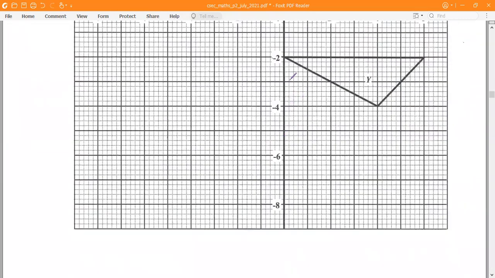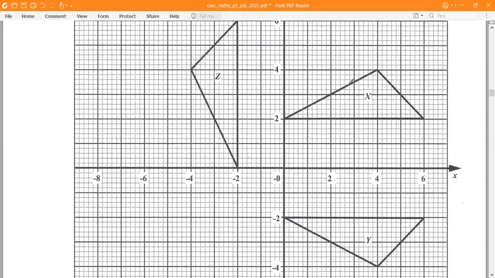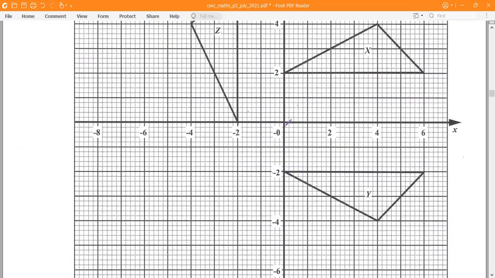Triangle X has a point here that is 2 units away from the x-axis, and the image is also 2 units away from the x-axis.